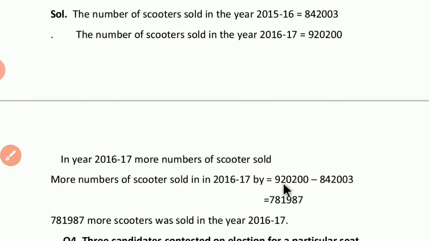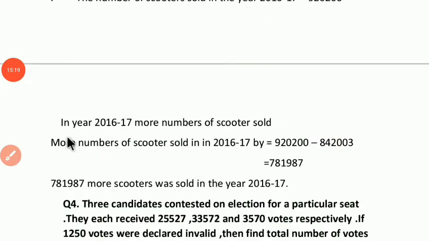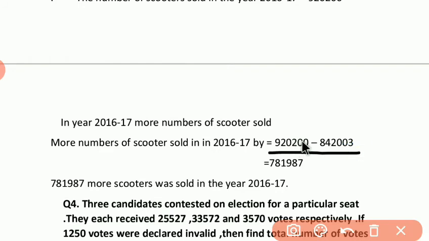Now we have to see by how many the number of scooters is more. We can find this by finding the difference between the numbers of scooters sold. So more scooters were sold in 2016-17 by 9,20,200 minus 8,42,003.